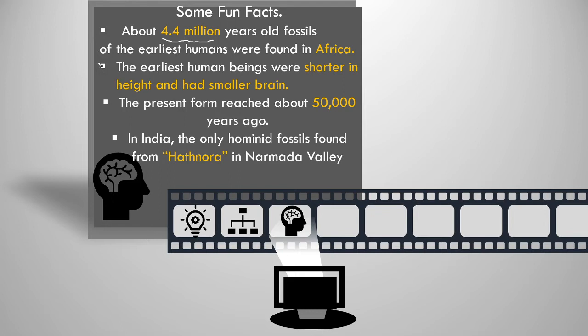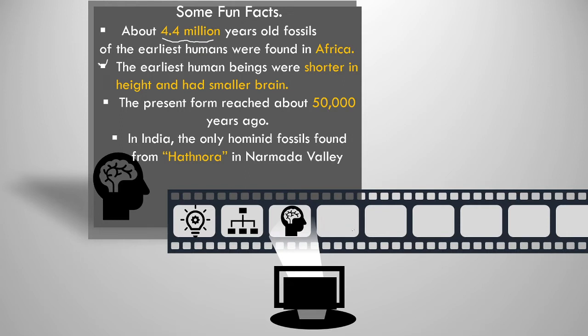The next point is that the earliest humans were shorter in height and had a smaller brain. So this phrase means they were shorter in height. Have you wondered about the height of apes, and have a look at their skull, how that looks? They're very small compared to us, right? So why is it?